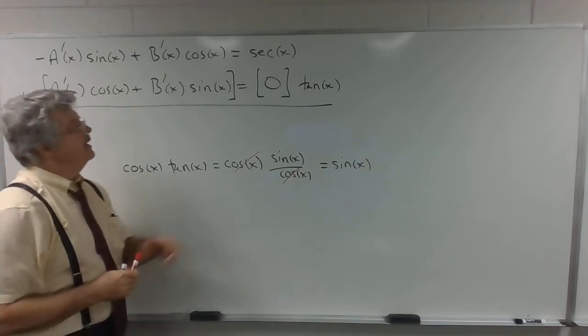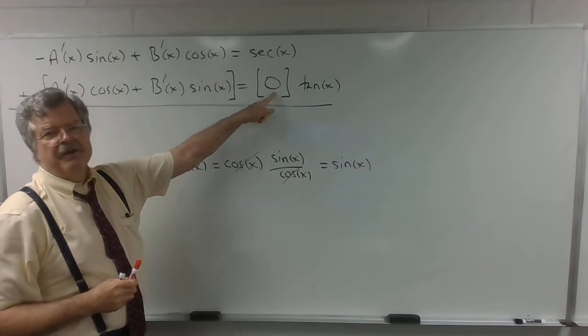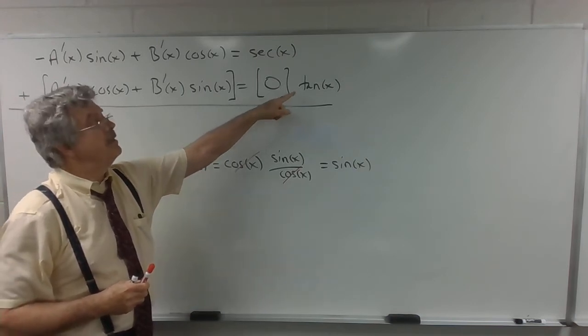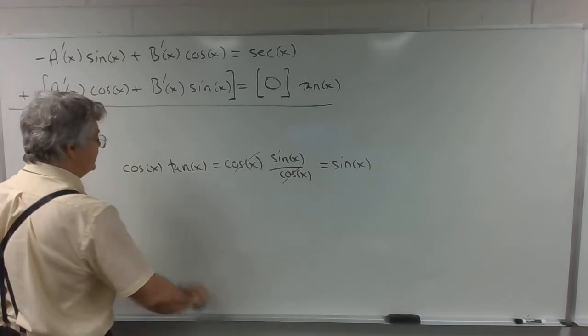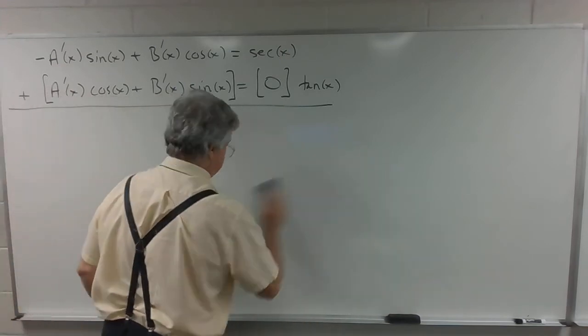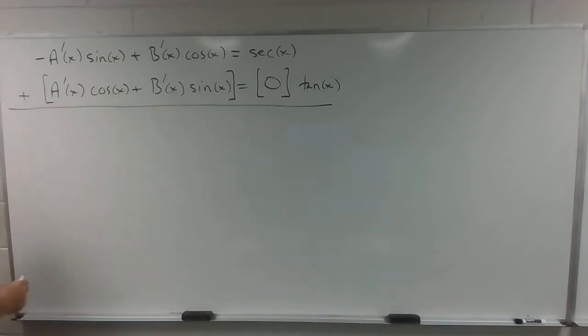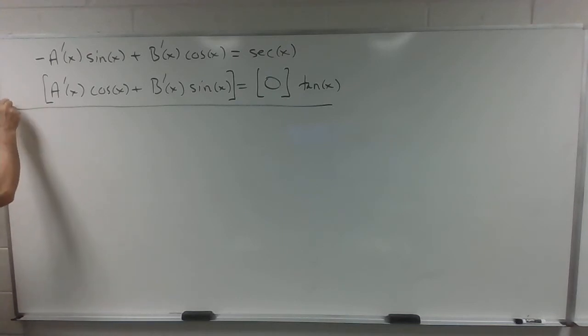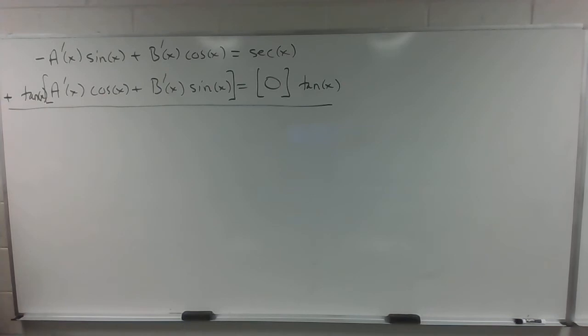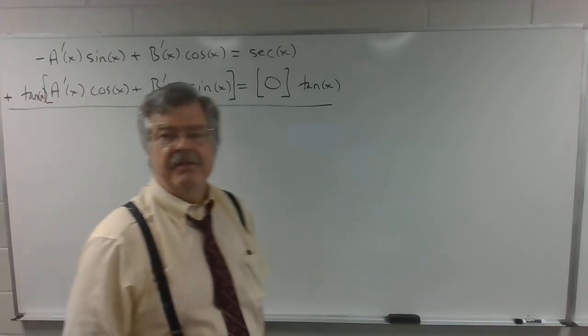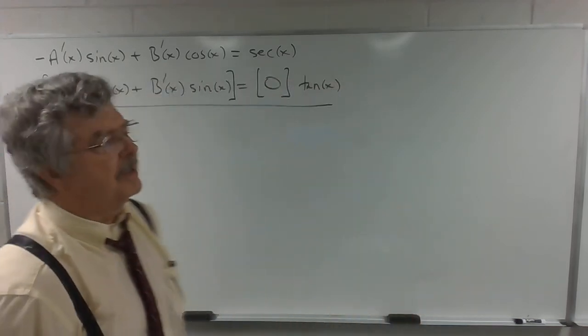And oh, it's so nice, the right side here is 0 anyway, so if I multiply 0 by tangent x, I'm still going to get 0. This is looking pretty good. It'll look even better once I multiply this side by tangent of x. There, is it showing now? Yes, it is, thank goodness.